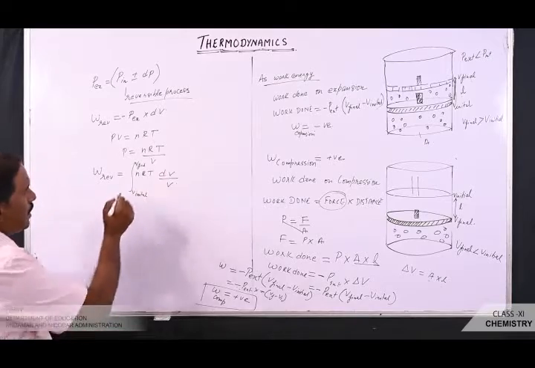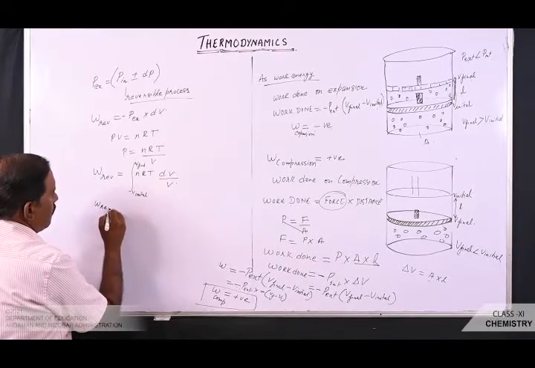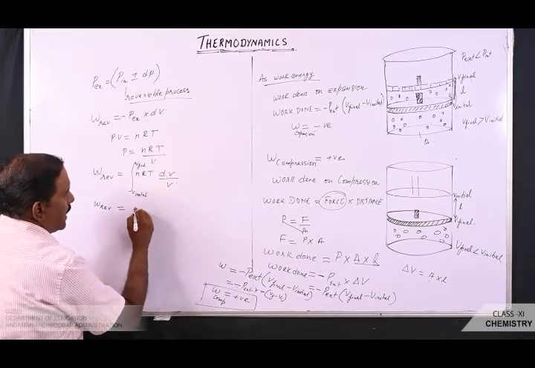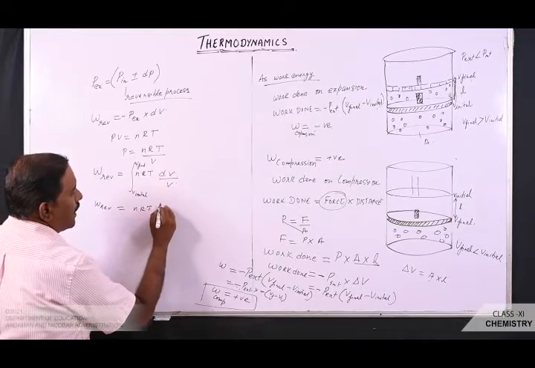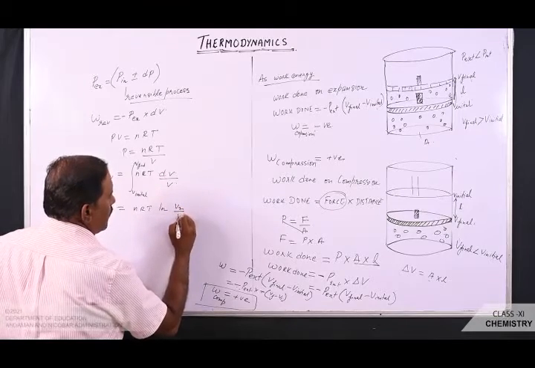Okay. So, here what will this be? W reversible is nRT ln V2 by V1.